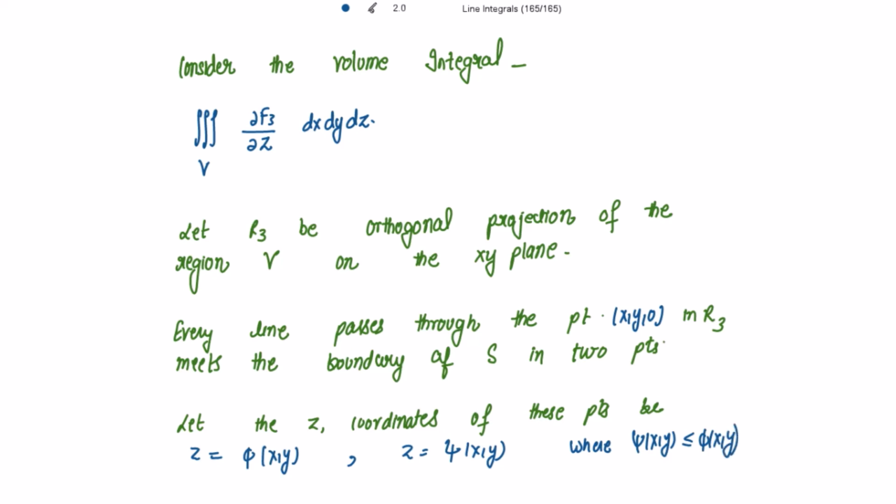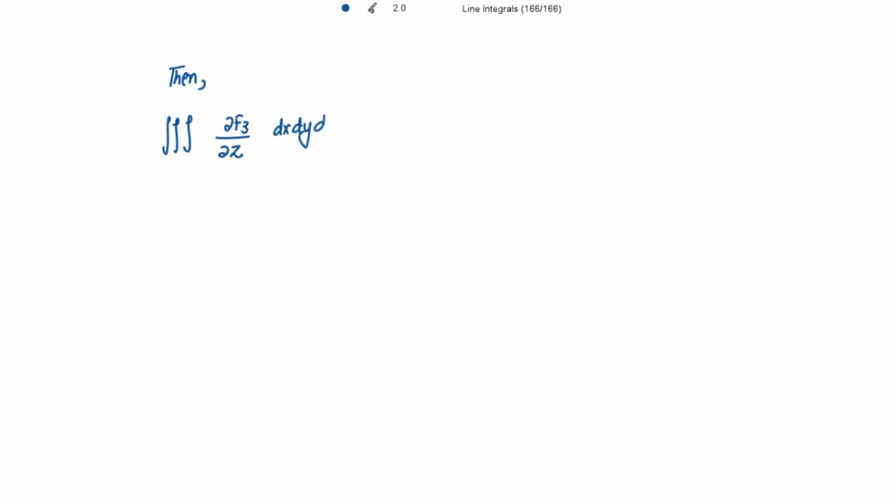We denote the part of the surface S corresponding to Z equal to phi(x, y) as S1 and the part corresponding to Z equal to xi(x, y) as S2, respectively. Then this volume integral of ∂F3/∂Z dx dy dz.